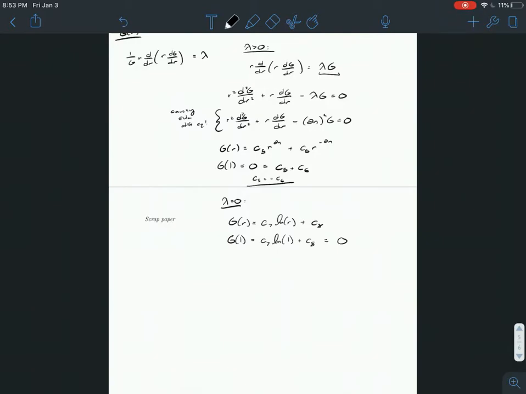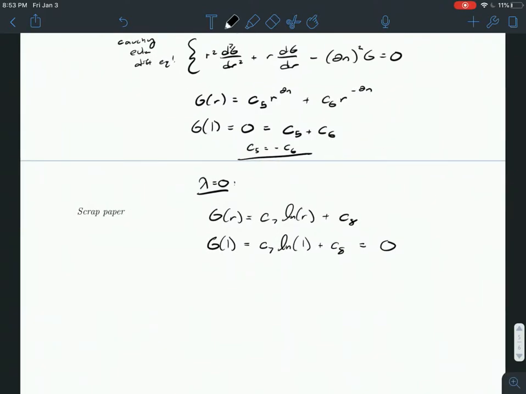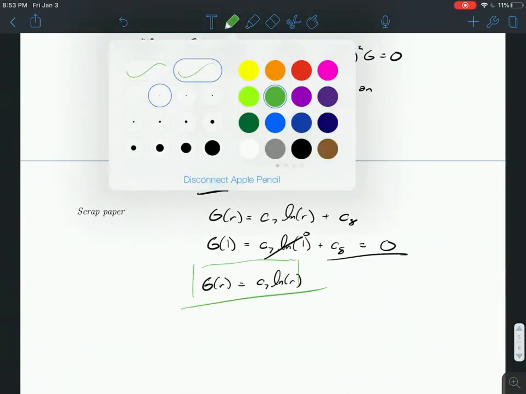Plugging this in tells us that C8 has to be equal to 0 because the natural log of 1 is 0. Okay? So therefore, our general solution for g of r is just C7 natural log of r, and that's it. I should probably box this in green.